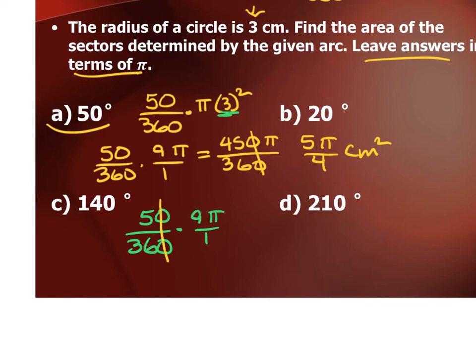And now I'm going to simplify. I can't simplify 5 over 36, but I can simplify the 9 and the 36 and make that 9 a 1 and the 36 a 4. And now I multiply what remains, 5 pi over 4. Same answer I got when I multiplied the really big numbers and then reduced that really big fraction.